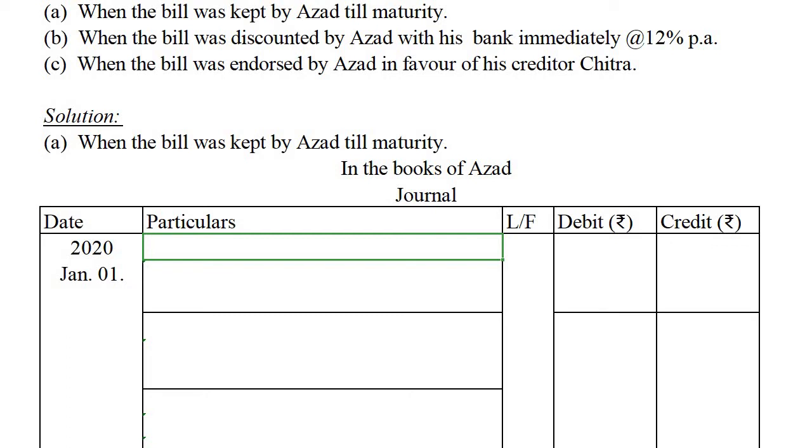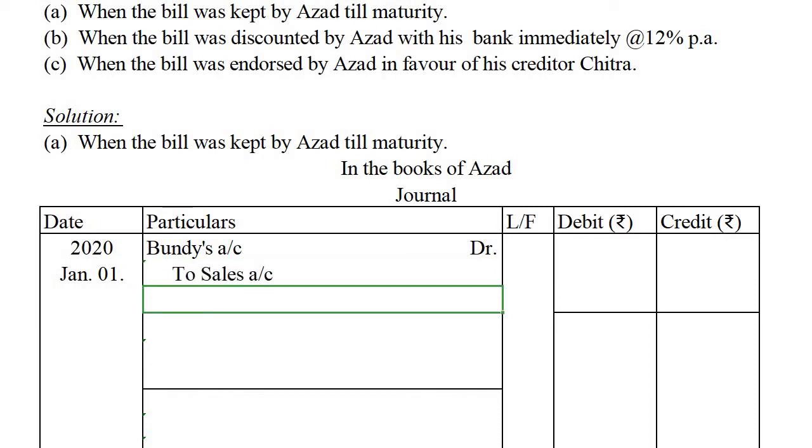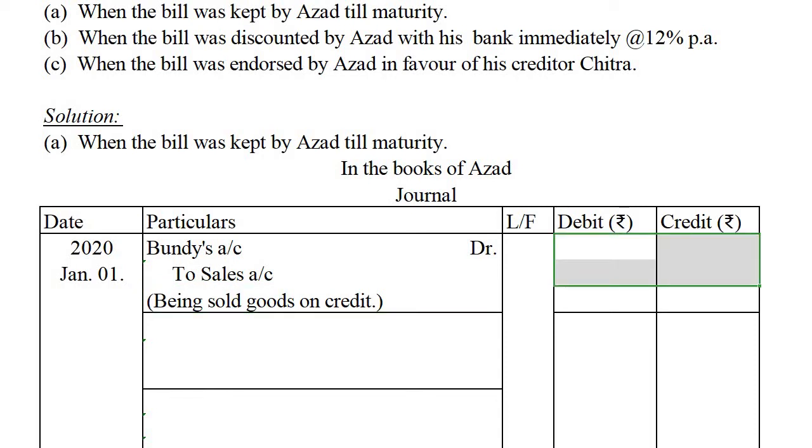Debtor here is Bundy. So Bundy's account debit to sales, and the narration being sold goods on credit. What is the amount? Yes, 15,000, both in debit and credit columns. Okay, so the first journal entry is over.